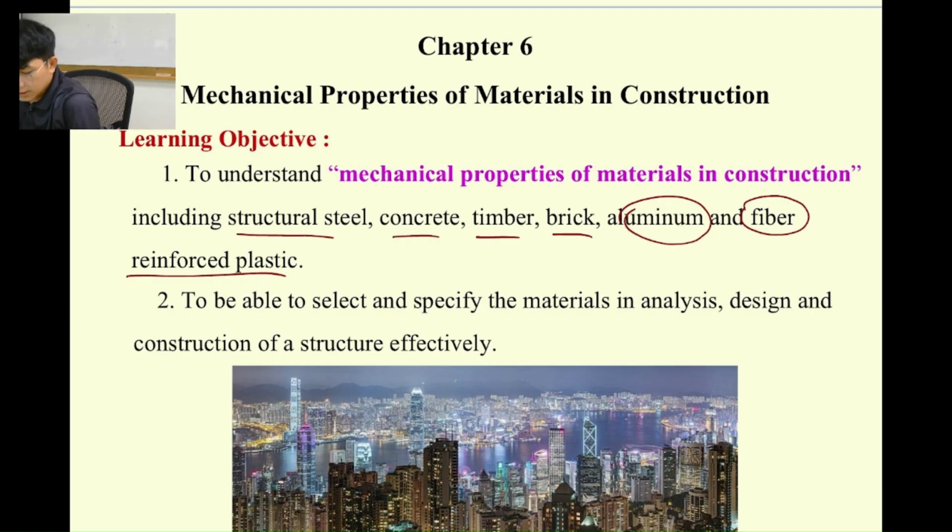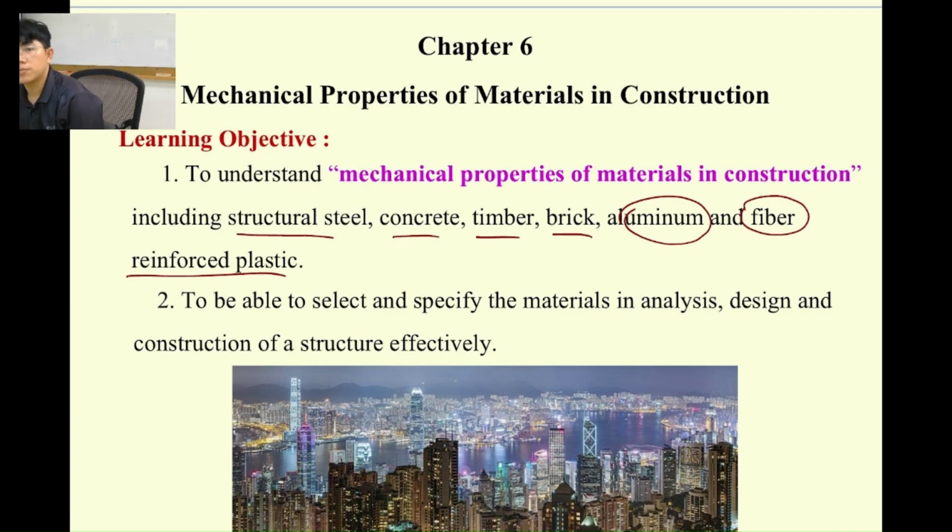Basically, what we have known: steel is a ductile material, and concrete is a brittle material. Timber, we can divide into two mechanical properties: one perpendicular to the grain, another parallel to the grain. Aluminum is a lightweight material that can resist a lot of force.